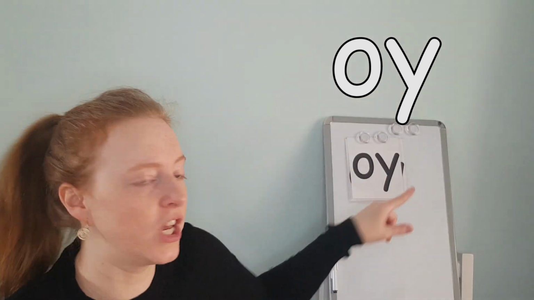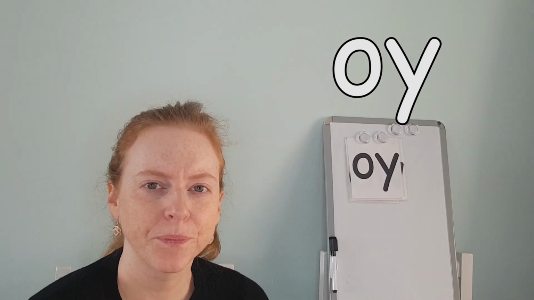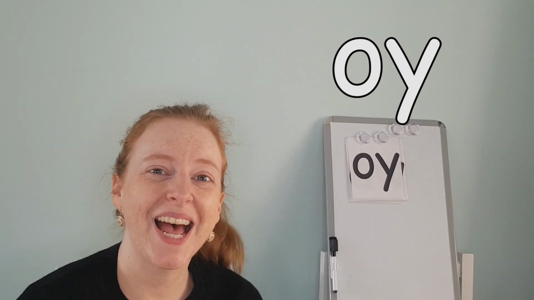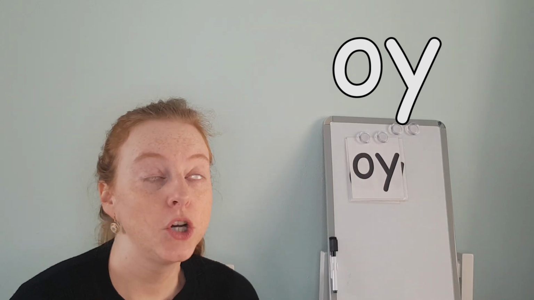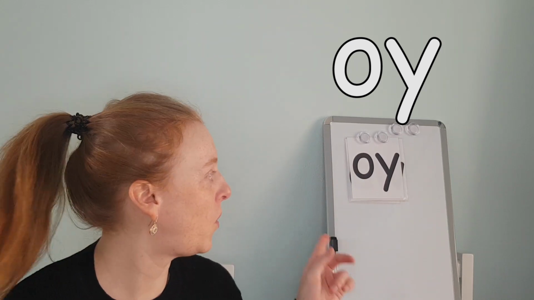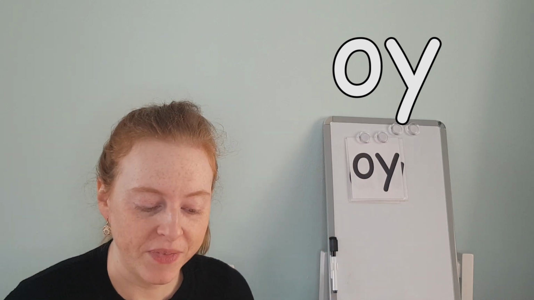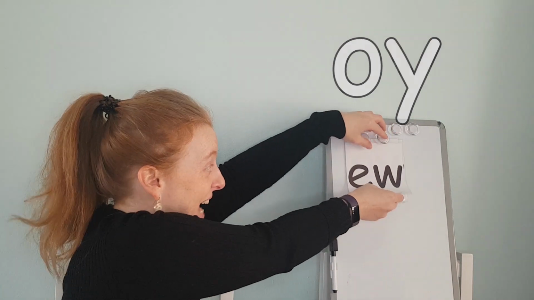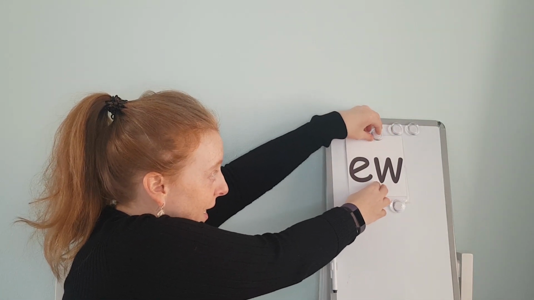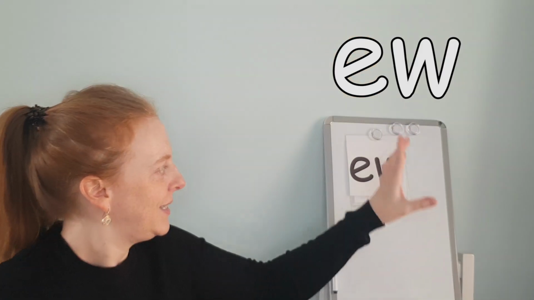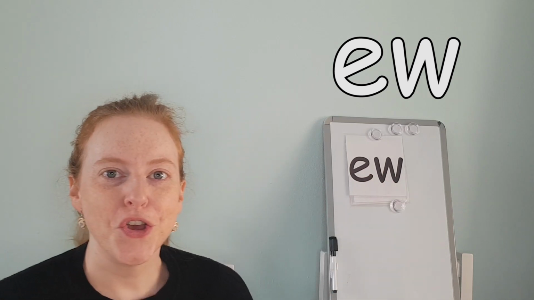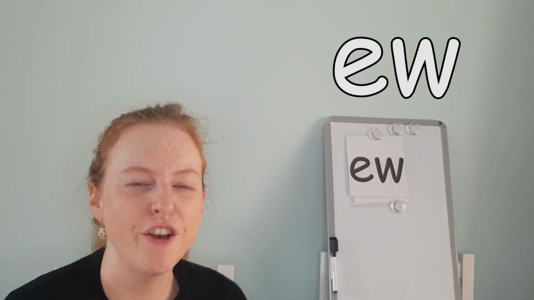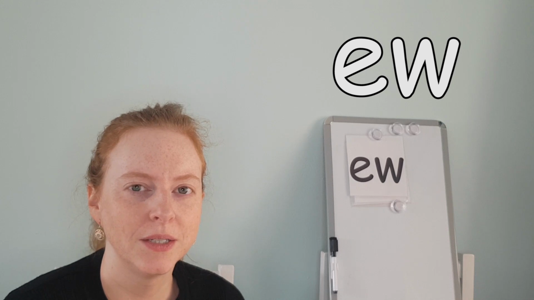And oi. But this one is like toy and koi. So that one is oi. And then the last one that I'm going to teach you in this section is ew, as in few.